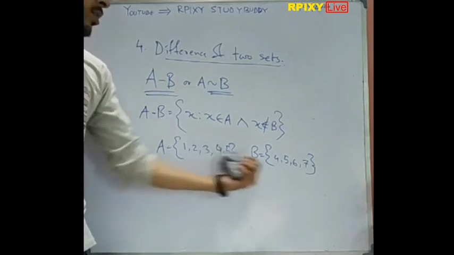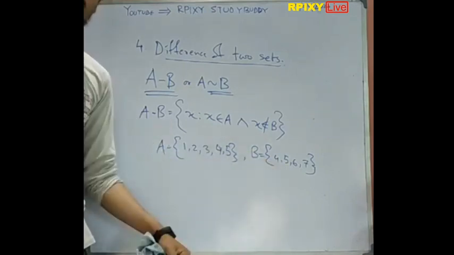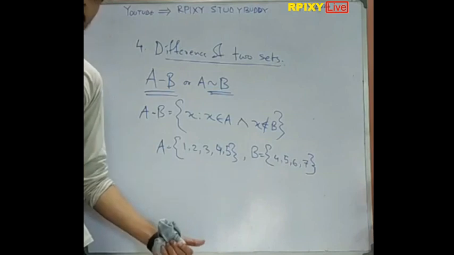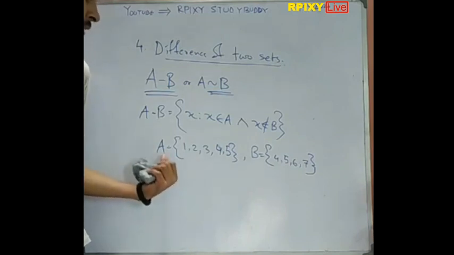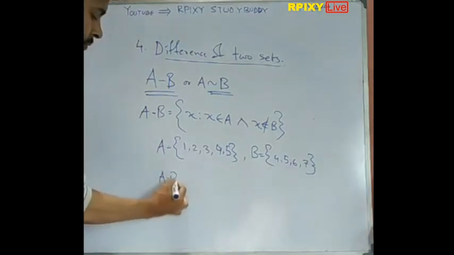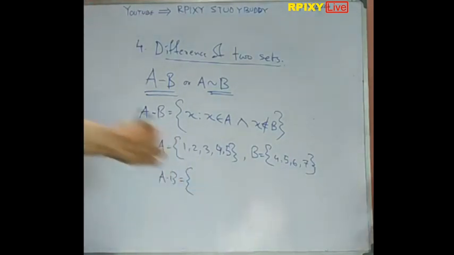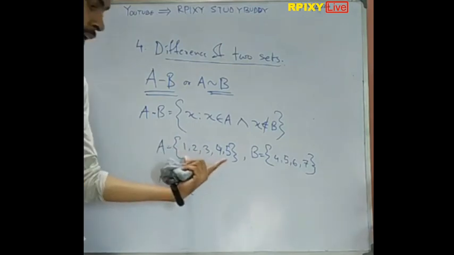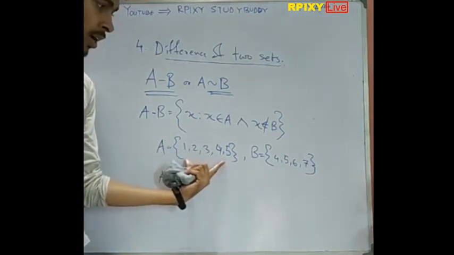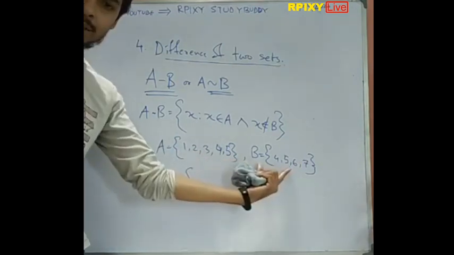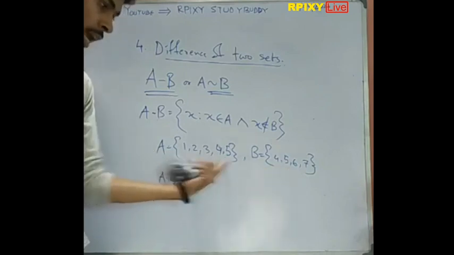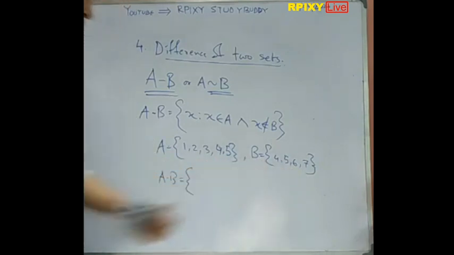You can see 4, 5 are the common elements. That means these two sets are not disjoint. And what will be A minus B? A minus B is a set whose elements are from A and not from B.